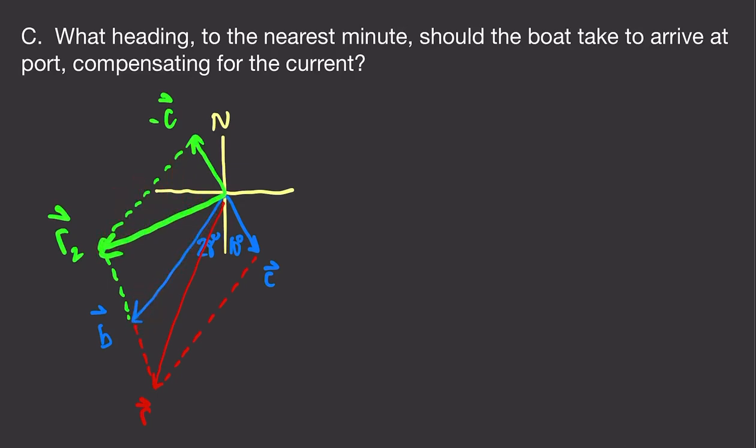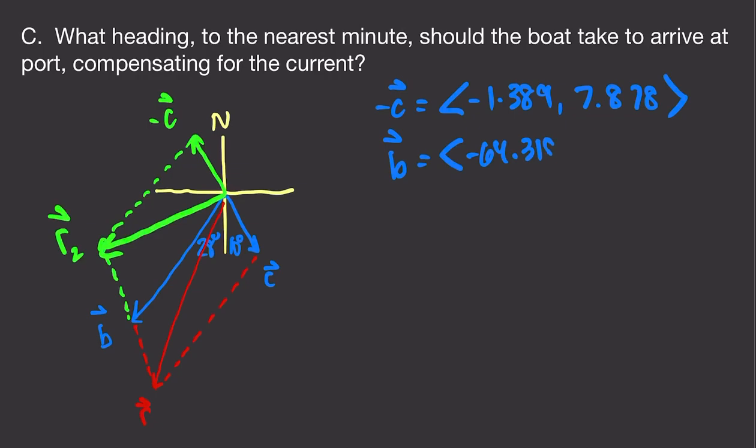So it's really kind of simple. What I need to get here is my negative current vector. If I take my original current vector from the previous part and negate it, that's going to be negative 1.389, positive 7.878. I'm still going to want the boat vector. Again, from part A, that's negative 64.318 and negative 120.964.